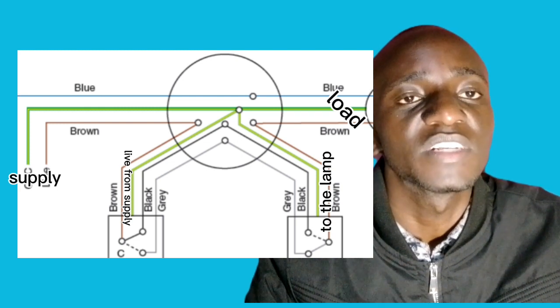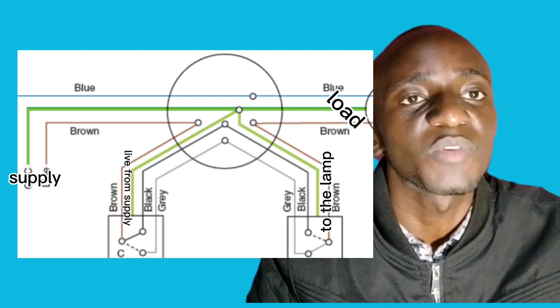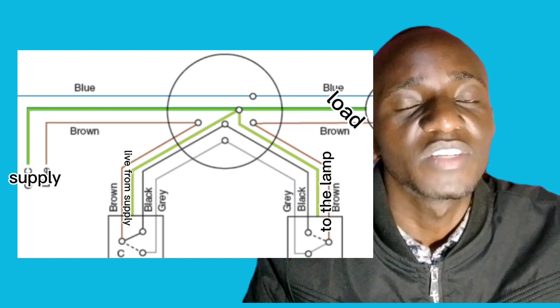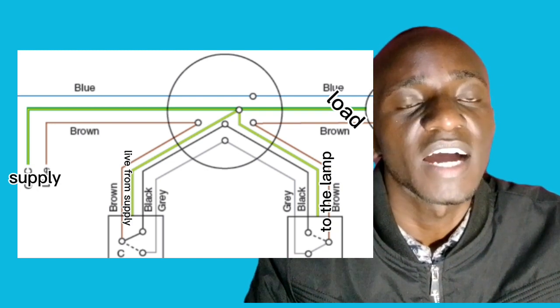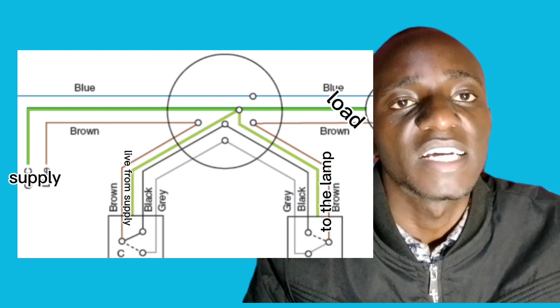And even when you are using a 3-way switching system or 4-way switching system, where you are using 2-way switches and intermediate switches, the common terminal for the first 2-way switch is the one which acts as the supply terminal, and the last terminal at the 2-way switch, which is the common terminal, acts as the load.